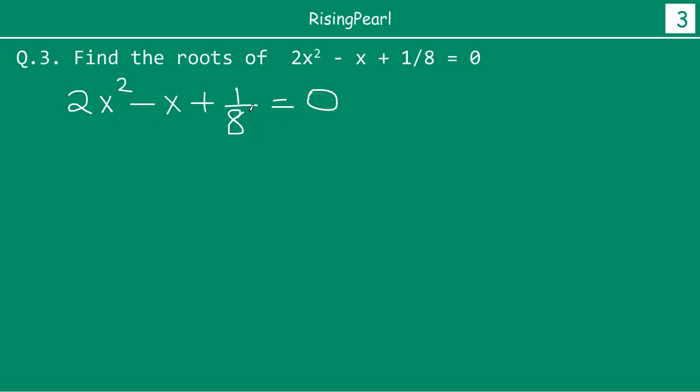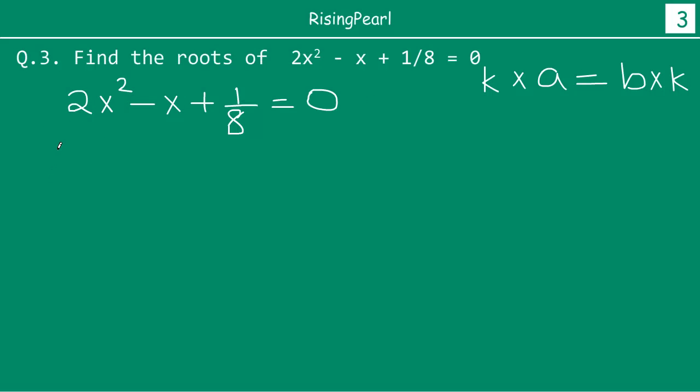So we are going to multiply both sides of the equality by 8. Why 8? Because 8 is the denominator. Now recall that if you have one equation, something equals something, you can multiply both sides by the same number and it does not change the equality. So here I am going to multiply both sides by 8.